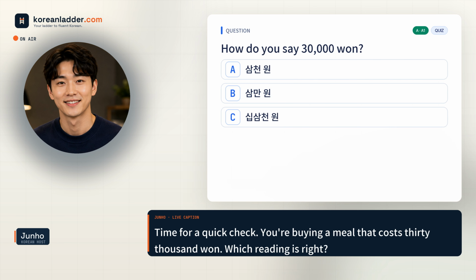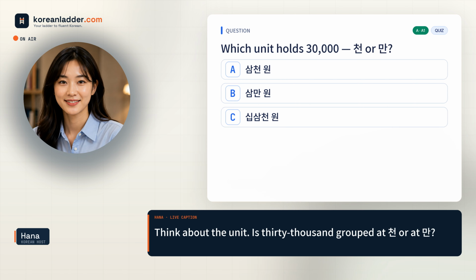Time for a quick check. You're buying a meal that costs 30,000 won. Which reading is right? Think about the unit. Is 30,000 grouped at 천 or at 만?